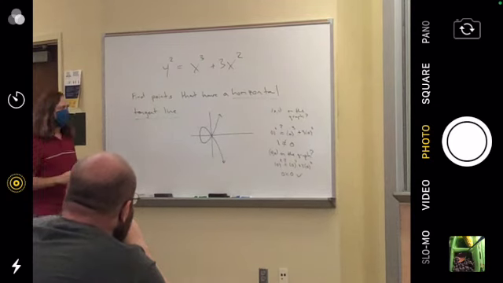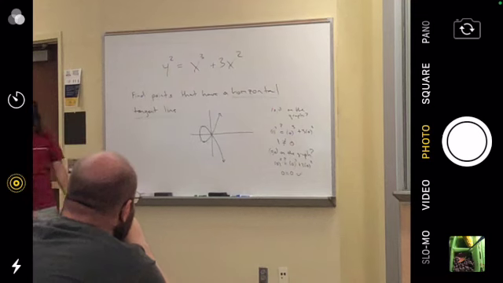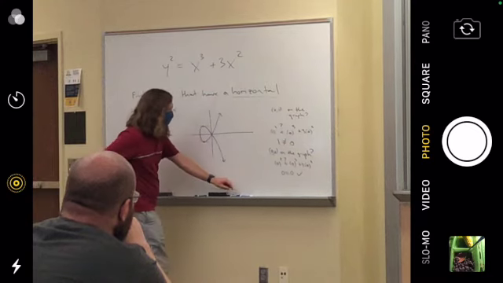So it looks like there's 2 points where my tangent line would have 0 slope. Just because I have a curve that doesn't satisfy the vertical line test, does that mean I can't draw tangent lines? I can still do tangent lines here, right? Which means I can still talk about slope. I just can't call this a function.